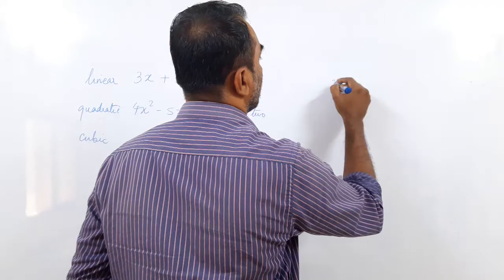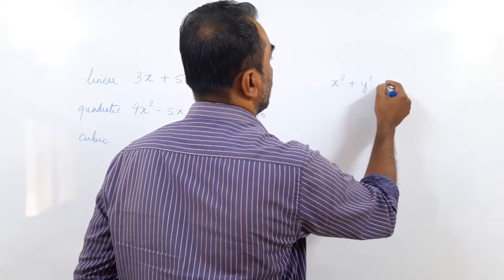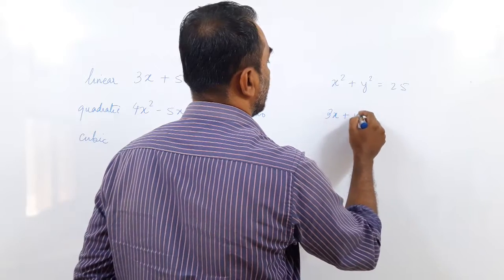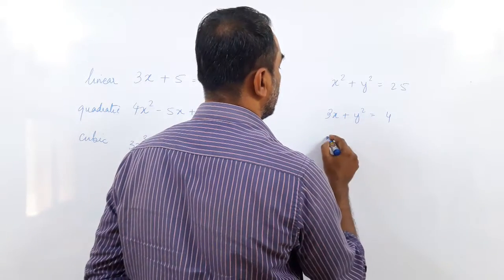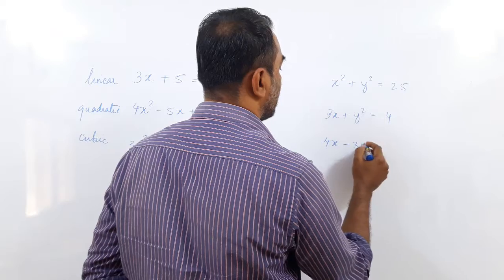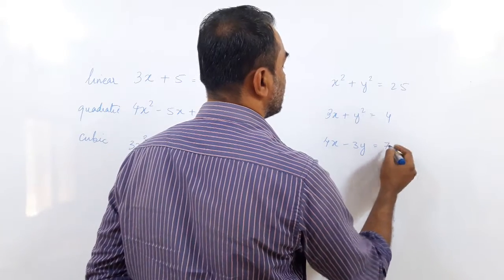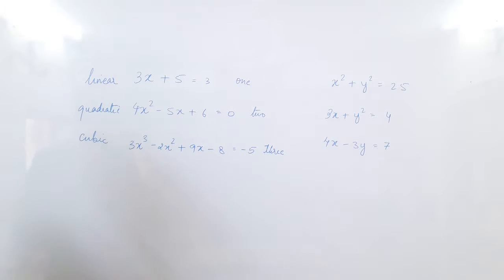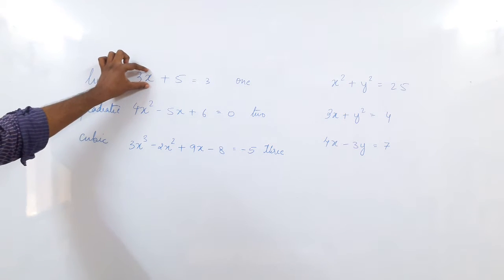For example, we get x square plus y square equal to 25, or 3x plus y square equal to 4, or 4x minus 3y equal to 7. Okay? Now what is the difference you can see here? Here there was only one variable x.